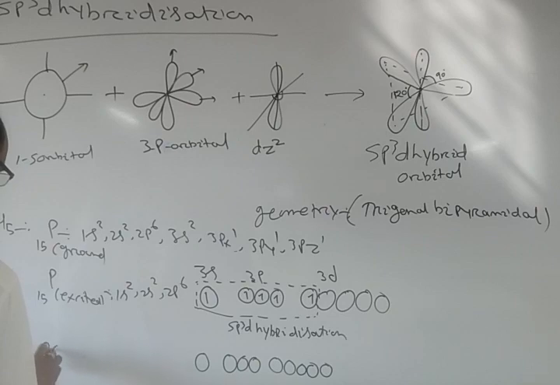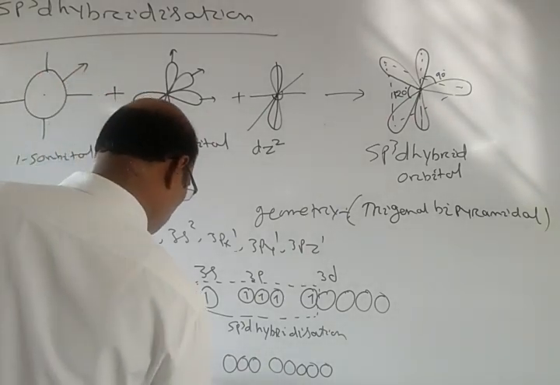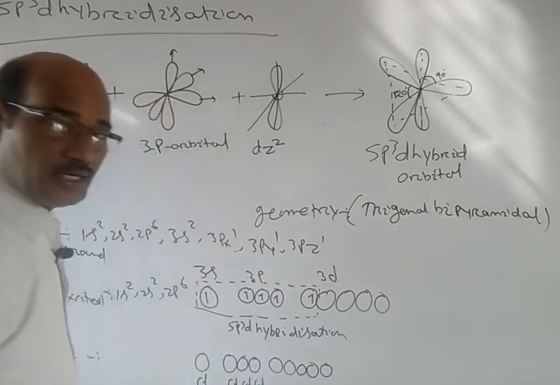So when I have PCl5, what happens? Cl, Cl, Cl, Cl.